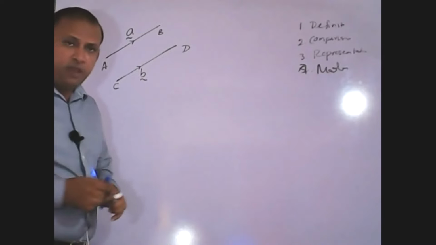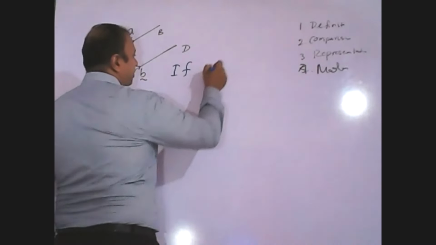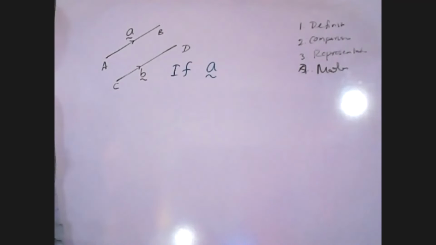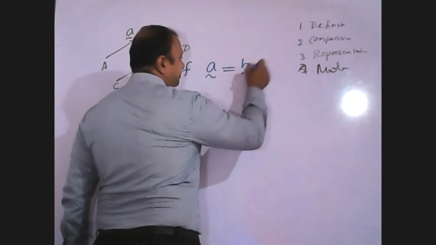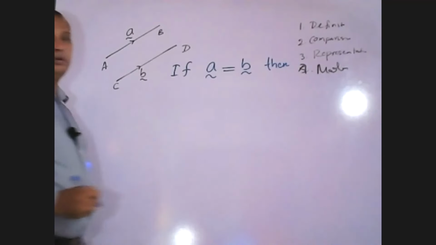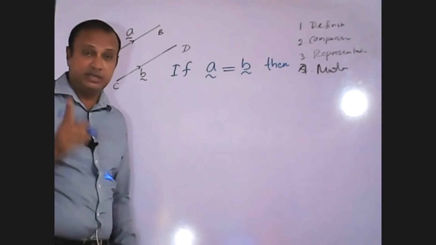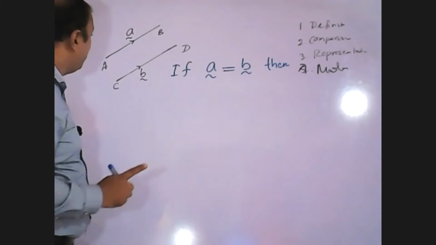So if vector A equals vector B, what will happen? There should be the following features.